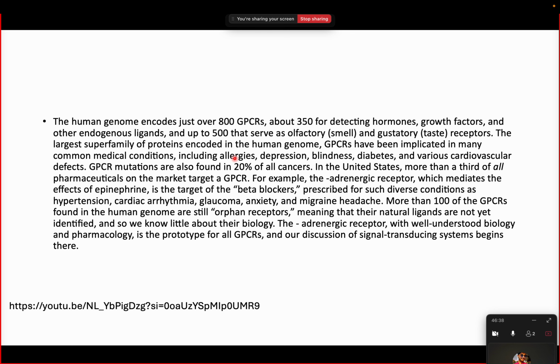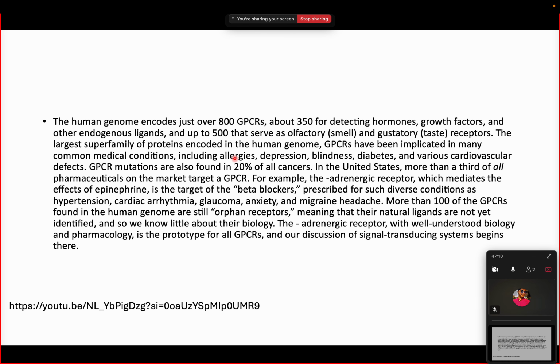So you can see how active an area of research GPCR signaling is: understanding how GPCRs work, in which functions they are involved, and to which effector enzyme or protein they are associated with. Still, we know very little of it. Okay. The adrenergic receptor, with well understood biology and pharmacology, is the prototype of all GPCRs, and our discussion of signal transducing systems begins there.